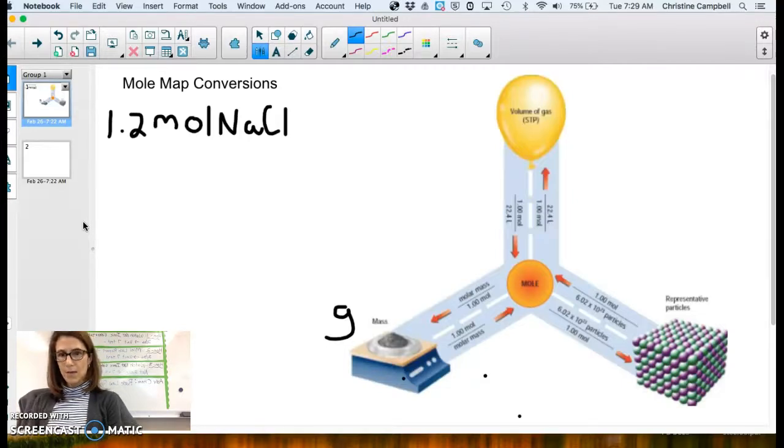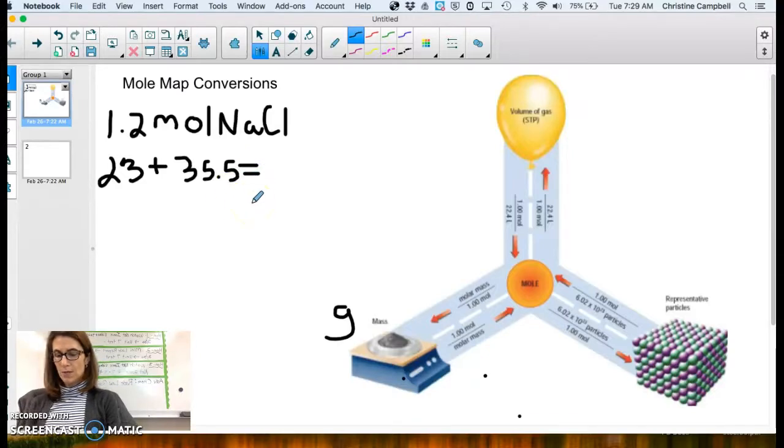So sodium has an atomic mass of 23. So we have 23. And then chlorine has an atomic mass of 35 and a half. So the molar mass of NaCl is just those two numbers added together.